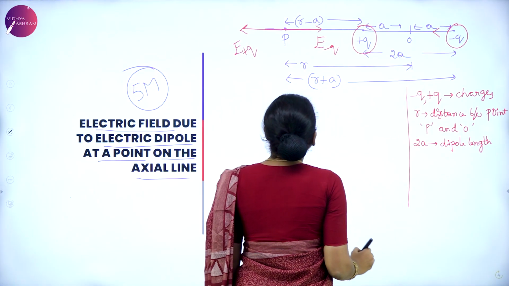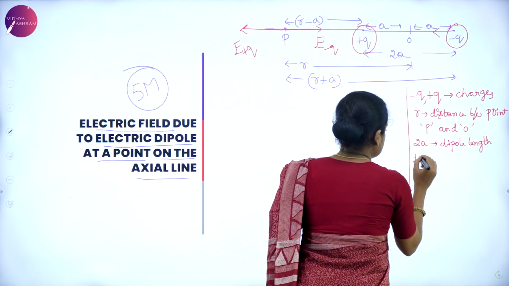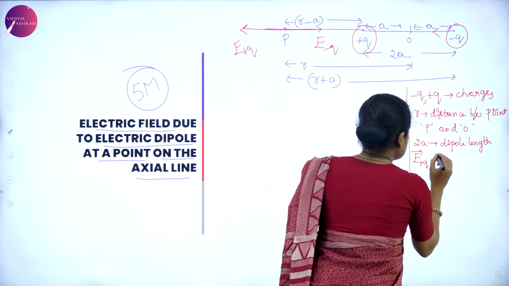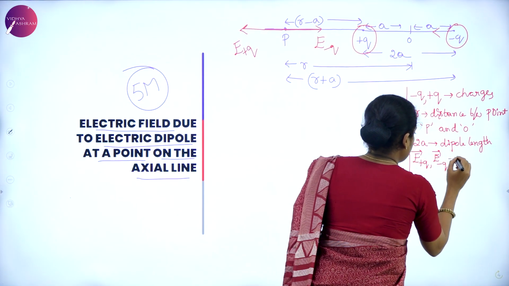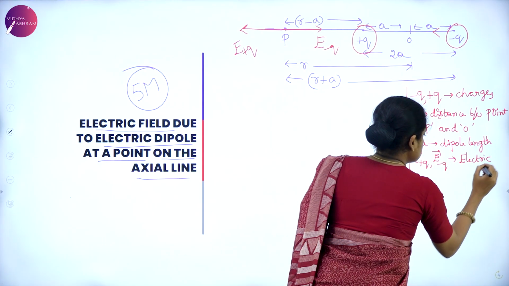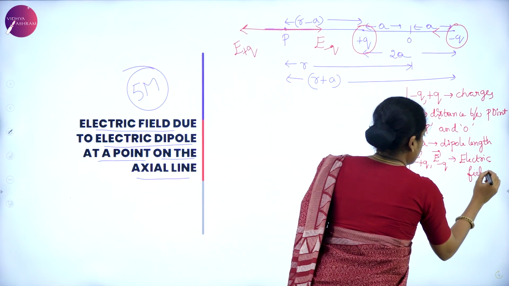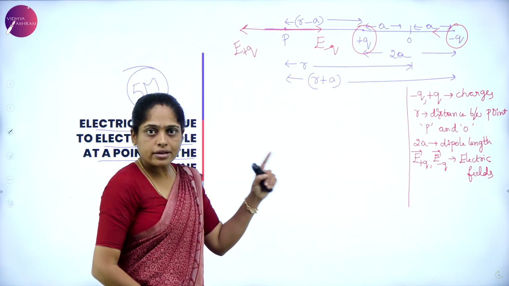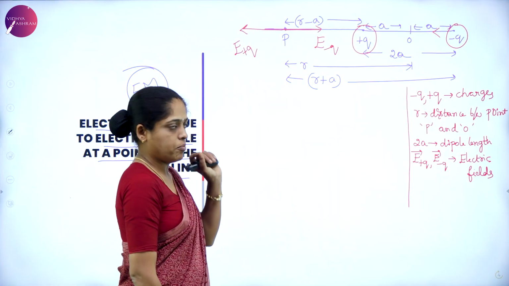Next, electric field: electric fields due to plus Q and minus Q. So this diagram and the explanation carries 1 mark.